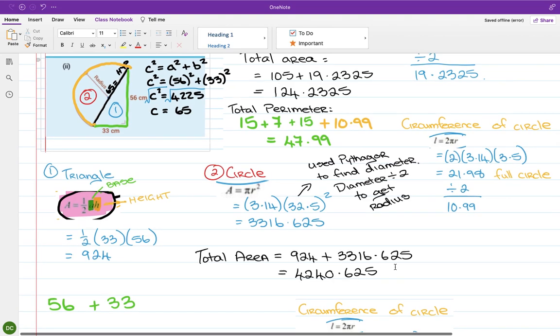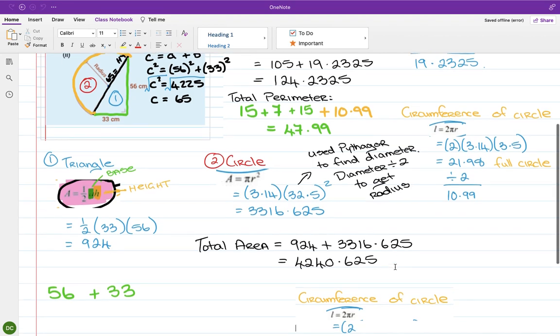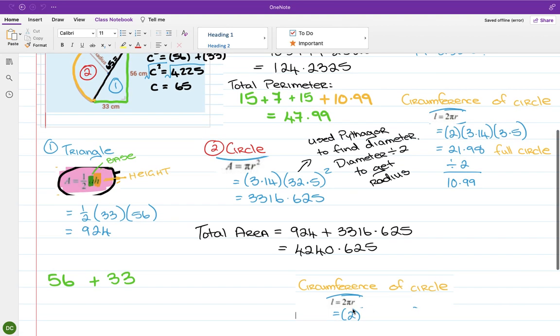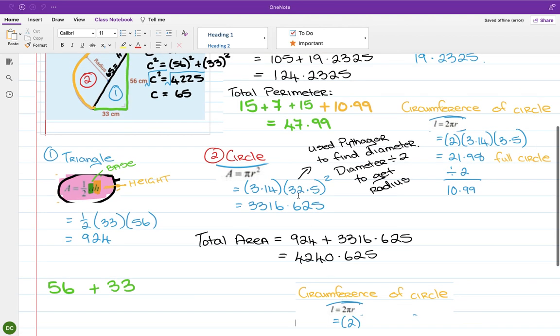Okay. So the circumference of the circle is 2 pi r. Pi is going to be what we figured it out to be here, so 32.5. Oh no, sorry, that's not pi, that's r. Pi is pi, which is 3.14, and then r is what's here, 32.5.